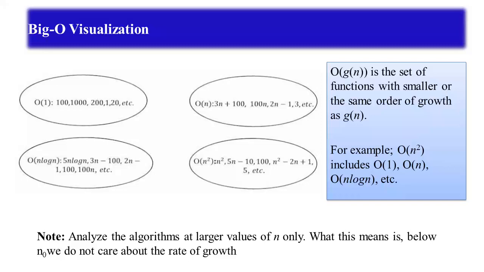So some examples are given there of order of 1, order of n, n log n, and n square. Right? So the idea here is order of n square will subsume order of n log n, and O of 1. Or O of n log n will subsume O of n, O of 1, and O of n will subsume O of 1. That is the idea that we take. So let's move ahead.